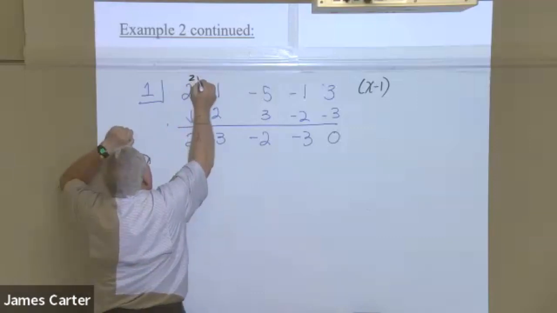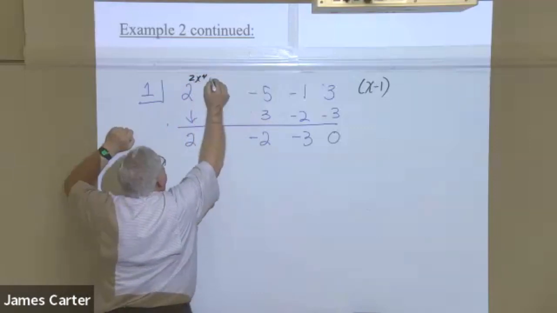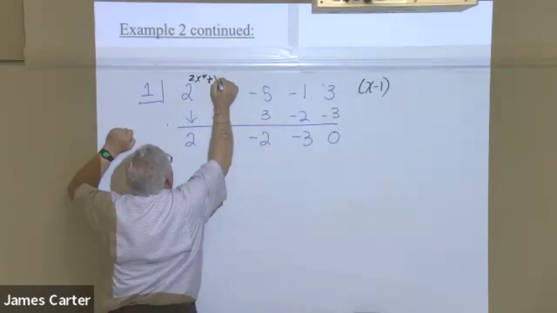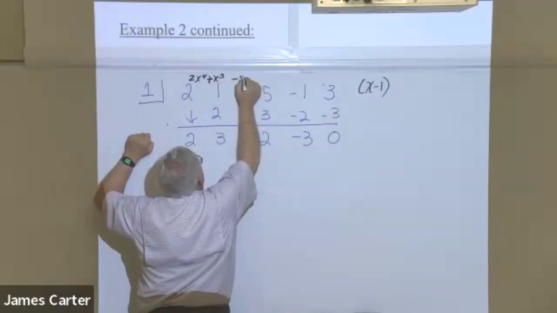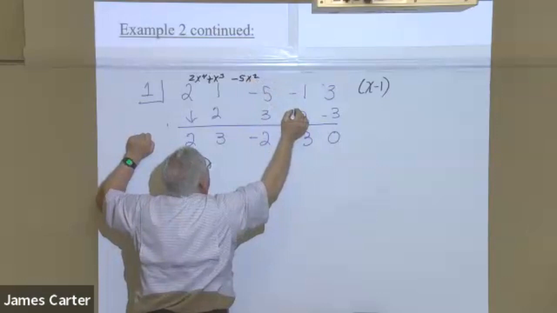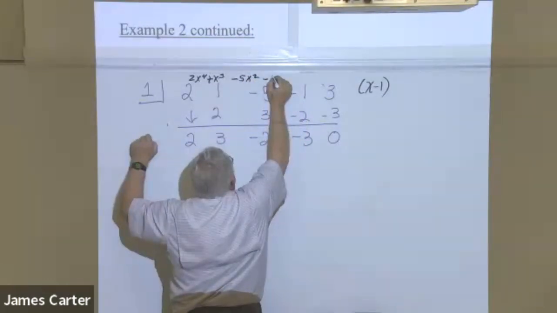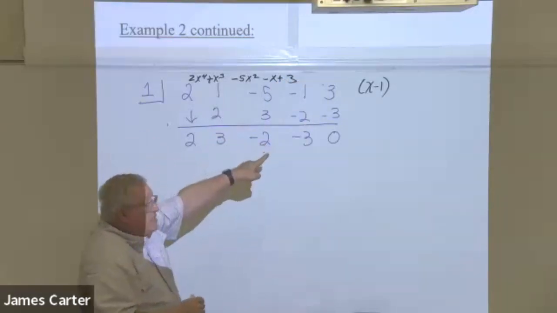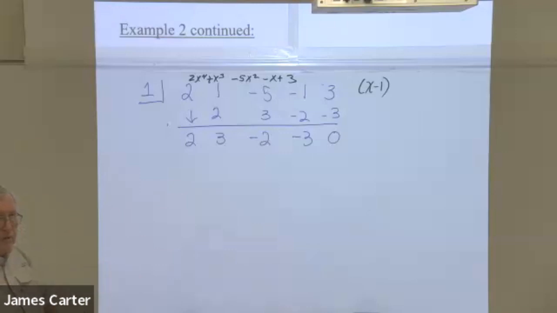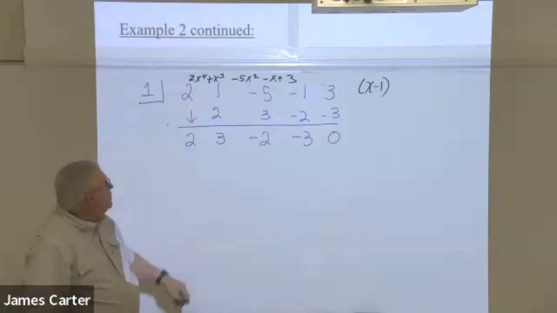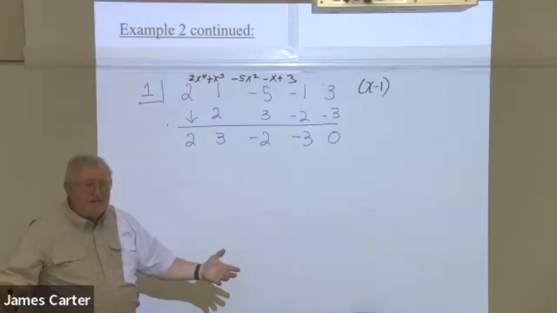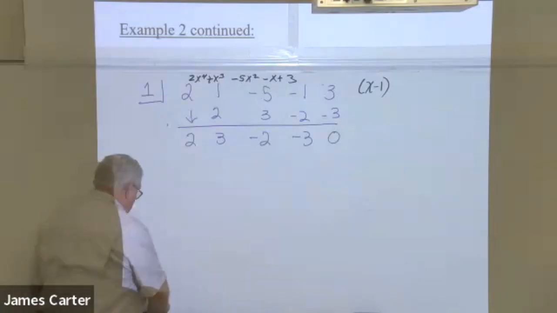So I had 2x to the 4th minus x cubed minus 5x squared minus x plus 3. Okay, so that's going to be one of the factors. Now, with this many to start with, I could try positive 1 again, or negative 1, which would be my next two easiest choices.